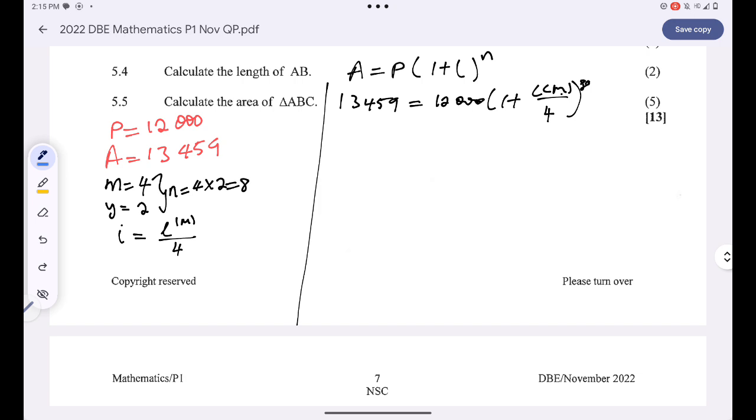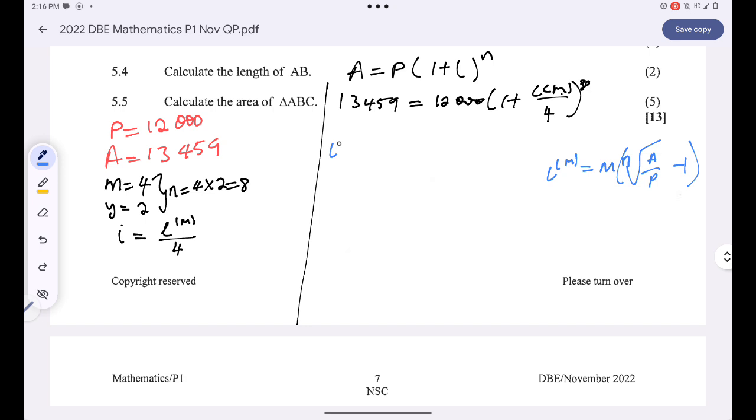Just plug everything there, you will get your value of i_m. i_m is just equal to m multiplied by the nth root of A over P, minus 1. So if you can just substitute everything here, it will give you your value of i_m.